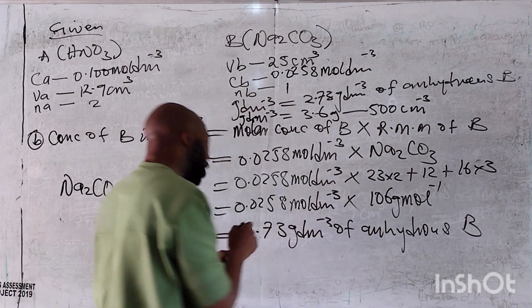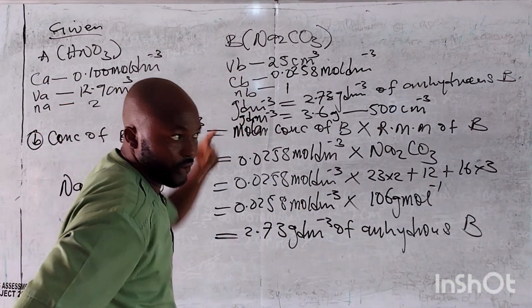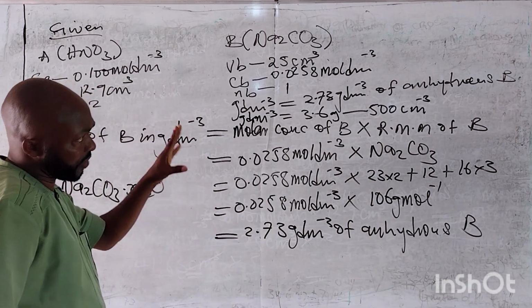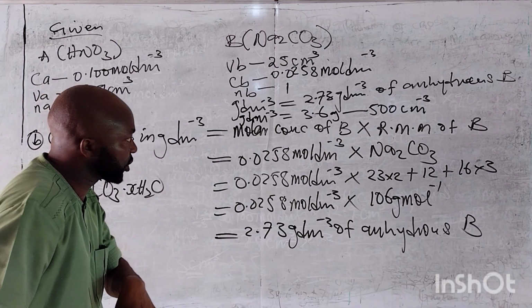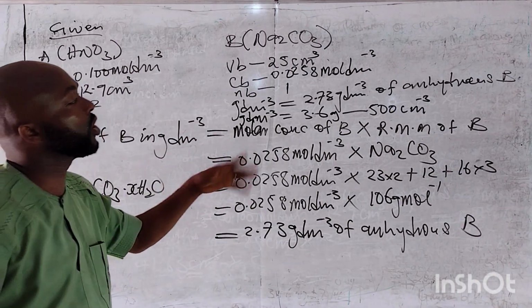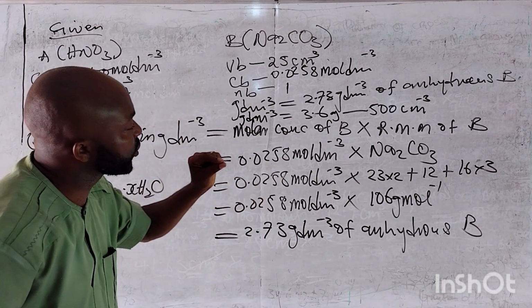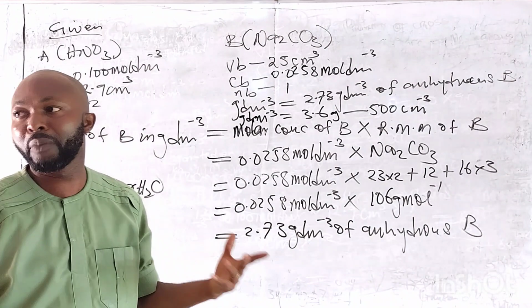Now remember, the formula says relative molecular mass of hydrated over mass concentration of hydrated equals relative molecular mass of anhydrous over mass concentration of anhydrous. If we must proceed with that formula, we must also know the mass concentration of the hydrated. And what is the formula for mass concentration?